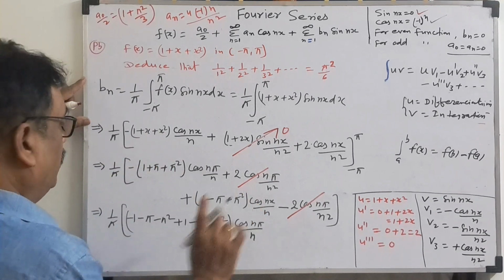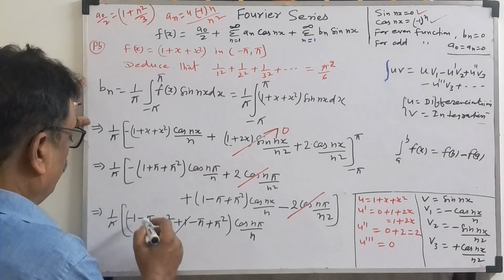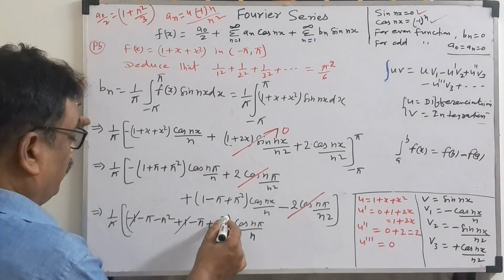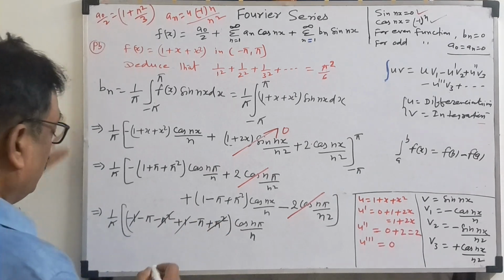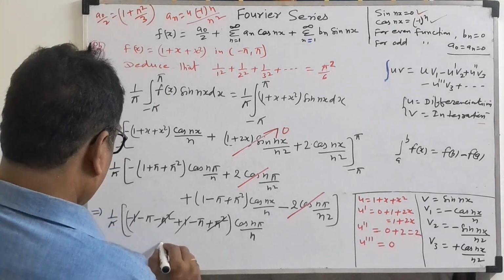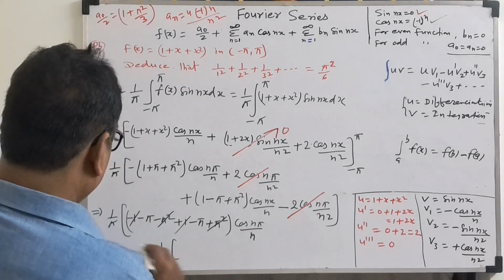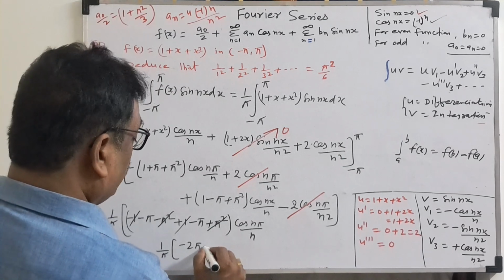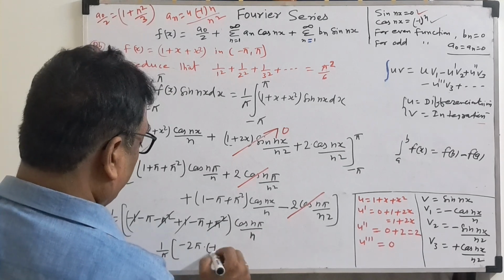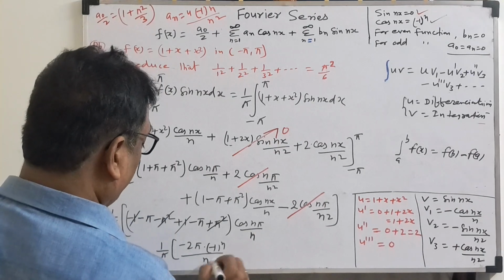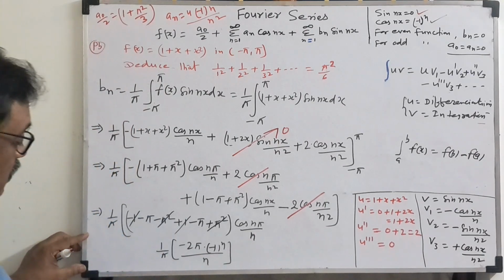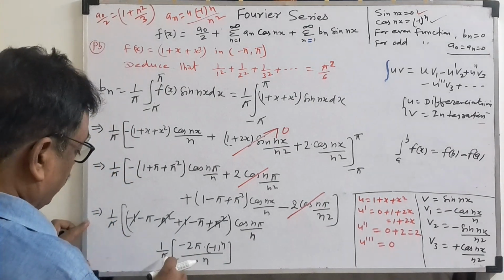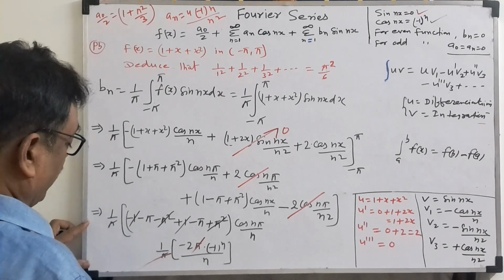So 1 minus pi, correct. Now 1 gets cancelled, pi square gets cancelled. So you are getting here 1 by pi as it is outside, minus 2 pi into cos n pi minus 1 power n by n. So then this pi and this pi get cancelled.